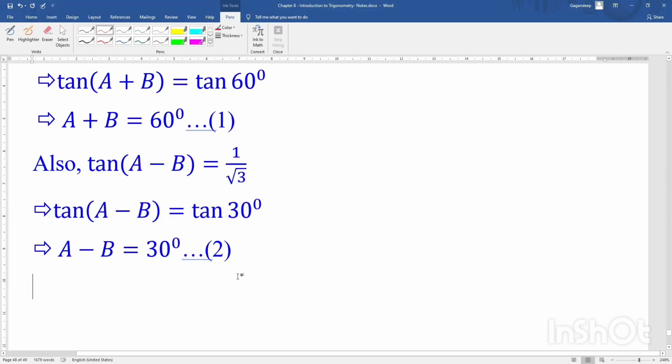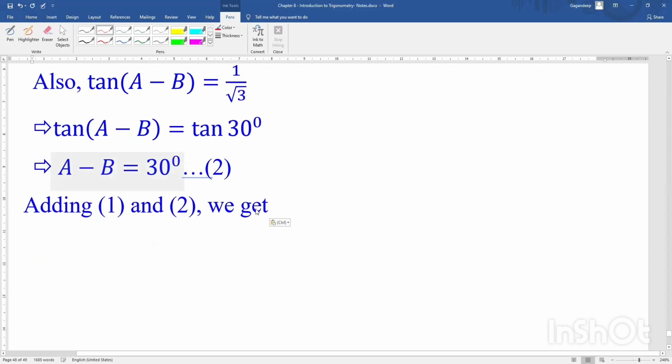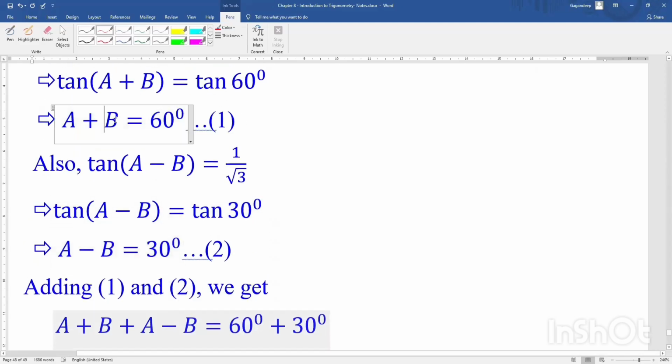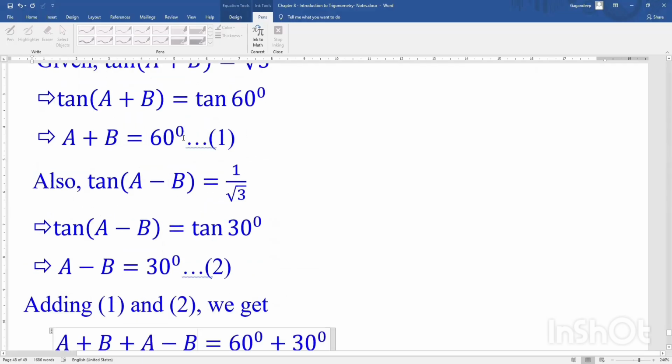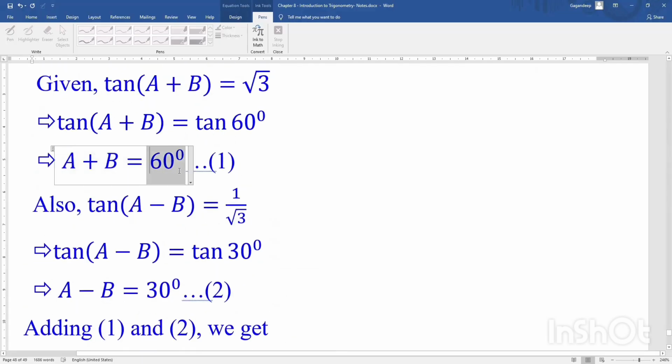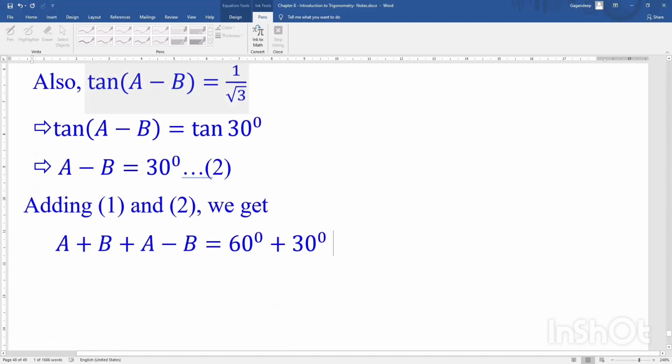So just adding up both equation 1 and 2. Now I'm adding 1 and 2. We have a plus b and a minus b together on the LHS, and on the RHS we write 60 degree and 30 degree.